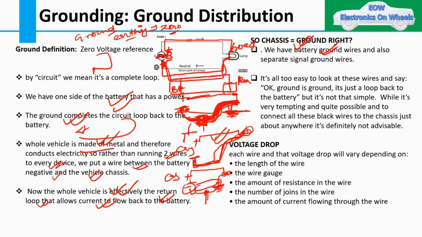You might have heard that there are separate single ground wires for the body, dedicated to particular functions. We will see why this happens in the coming slides. The second point is that it is all too easy to look at this wire and say, ground is ground and it just loops back to the battery. But it is not that simple. While it is very tempting and quite possible to connect all the black wires to the chassis just about anywhere, it is definitely not advisable.